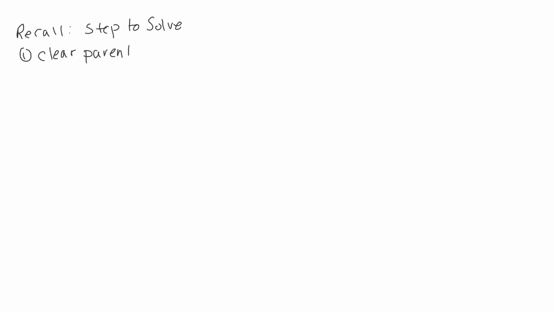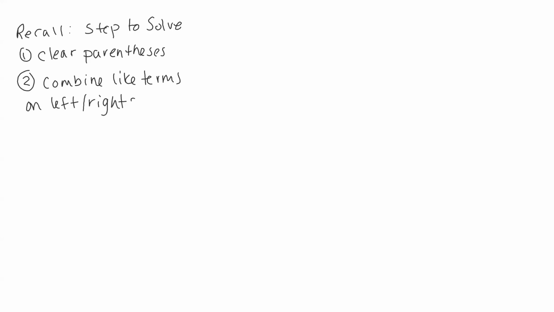The next step we would want to do is look to combine like terms on the left or right sides separately. So you want to make sure that the left and the right hand side have at most one variable term and one constant term.